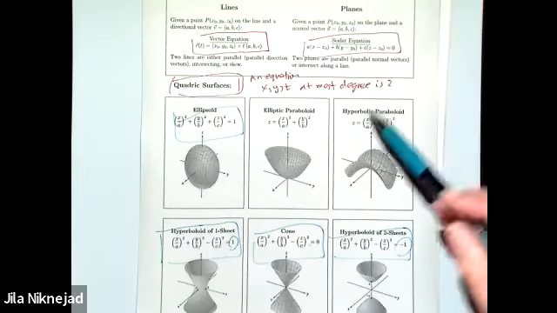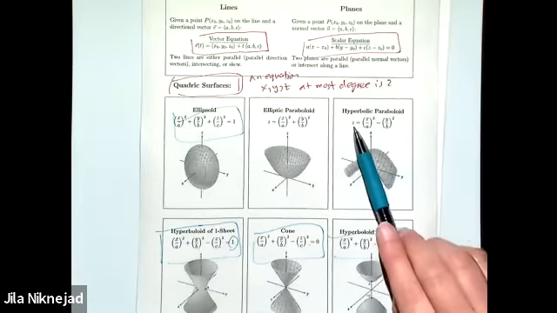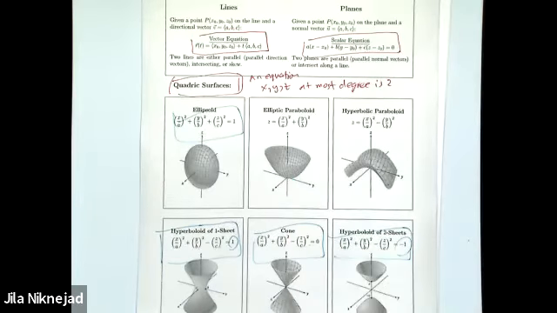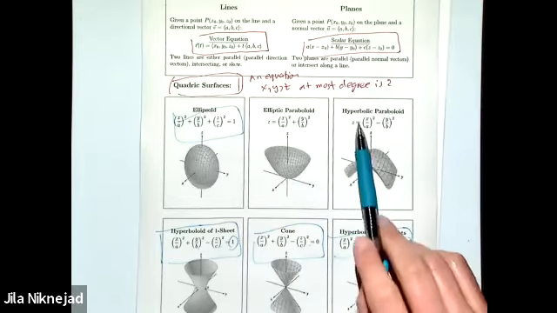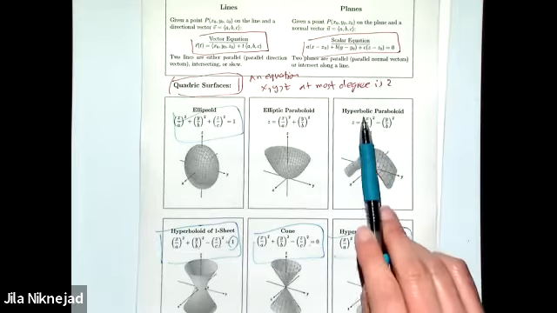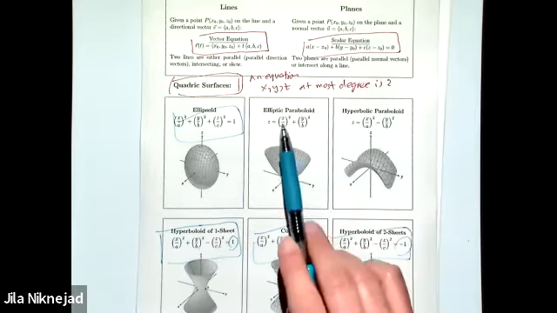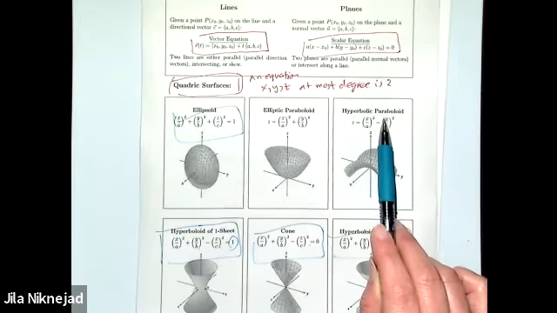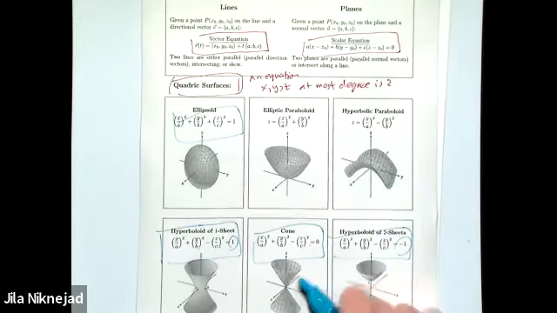What is left are the two where you see only one variable not of power 2, and you can figure out that it has to be related to parabolas. If there's a negative between the two terms with power 2, it would be a hyperbolic paraboloid.